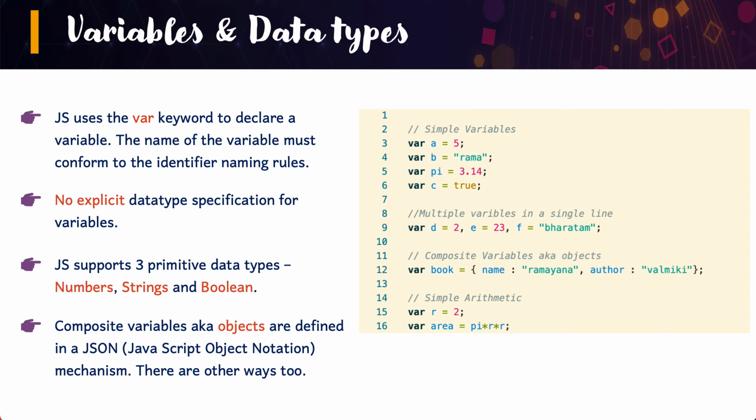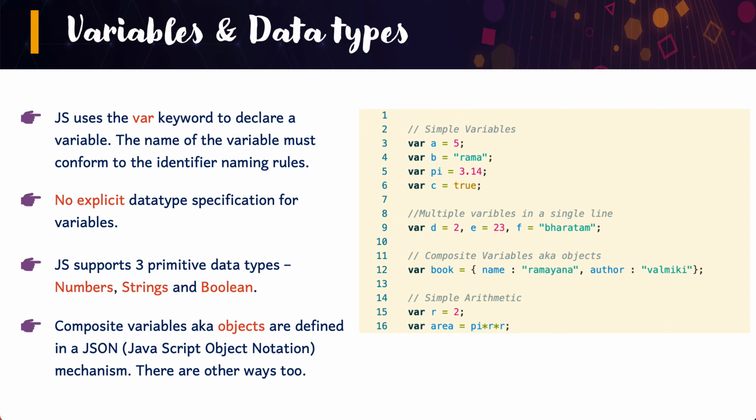So you will hear this term objects quite a bit in JavaScript. JavaScript natively supports objects. These are defined in a notation called JSON. JSON is a short form for JavaScript Object Notation. They are assigned in key value pairs.